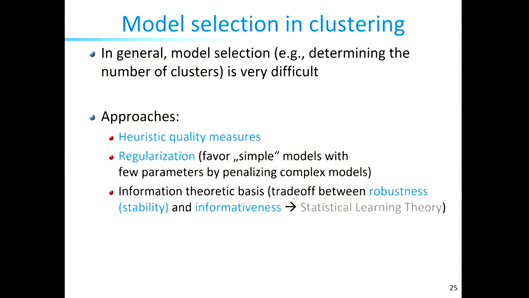Okay, so let's continue. We've talked about k-means clustering as our simplest approach towards clustering. We've talked about the k-means optimization problem, namely finding the cluster centers that minimize the quantization error, which is, in this case, our empirical risk.